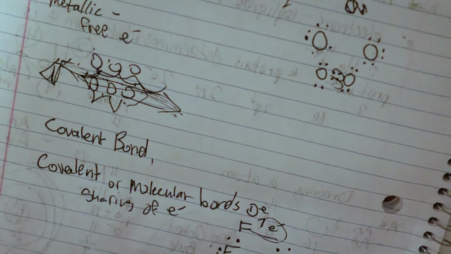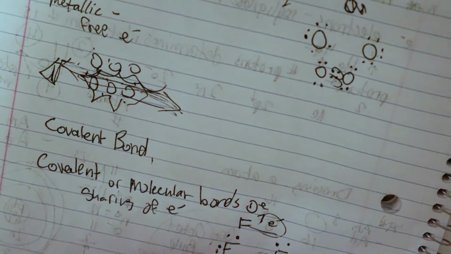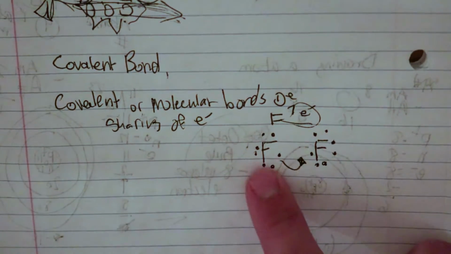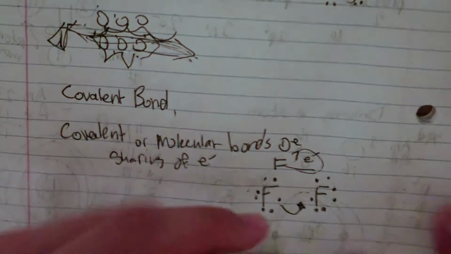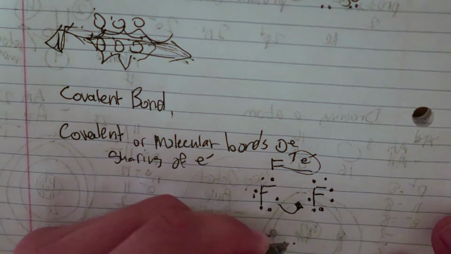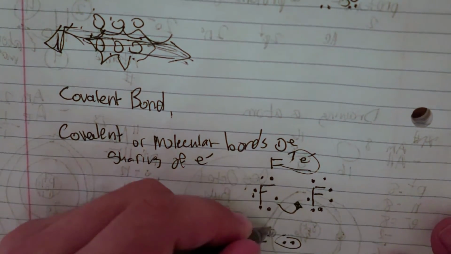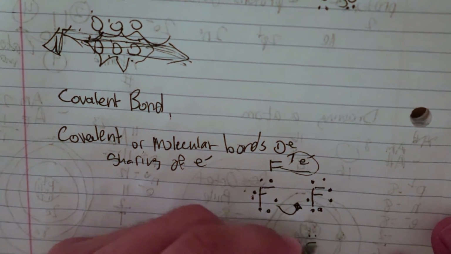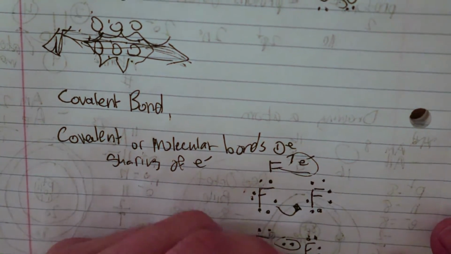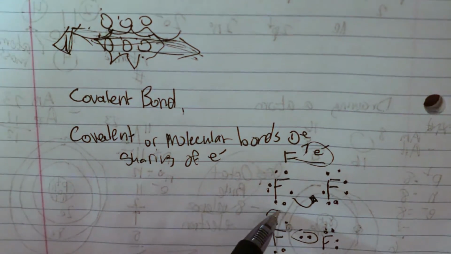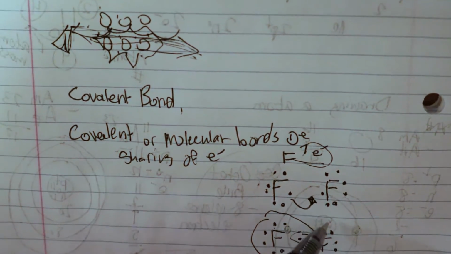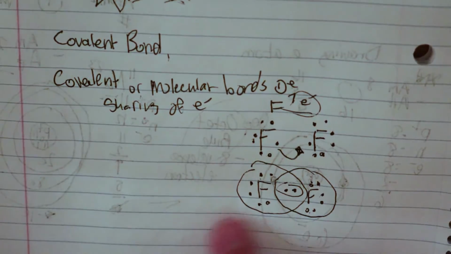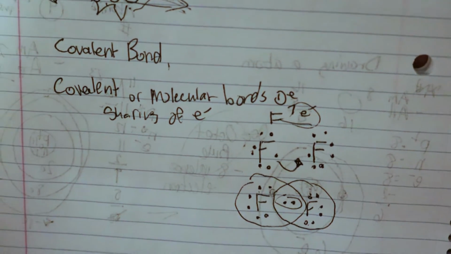Because if this fluorine gave its electron over to the other fluorine, then this fluorine would want 2, and that fluorine would be happy. So instead the fluorines will share these 2 electrons, and this fluorine atom will count it as 8, and this fluorine atom will count it as 8 electrons. And so they're able to share those electrons.